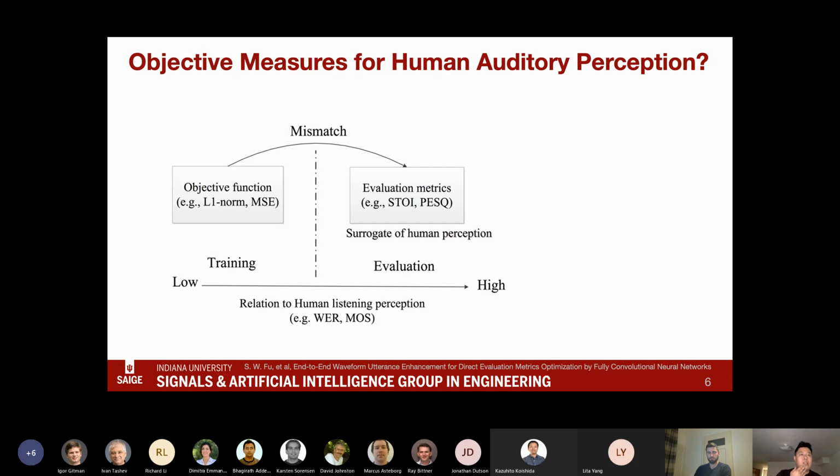The third challenge is the discrepancy between the loss function and the actual measure used by human listeners to evaluate the sound quality. When we train a network, we have to resort to some type of objective function like mean square error or things like that.